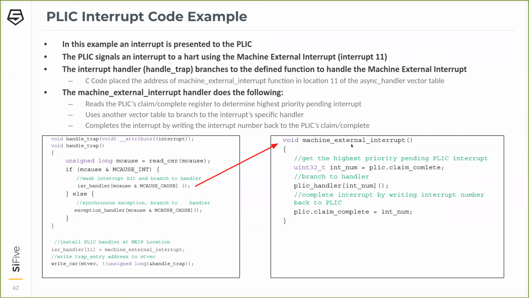And then in the PLIC handler, we can read the PLIC claim complete register. This is how we find out which interrupt was the highest priority pending interrupt at the PLIC. We can then use that information to branch to that specific interrupt handler. And then upon completion of that interrupt routine, we could write the number of that interrupt back to the PLIC, indicating that that interrupt was completed.